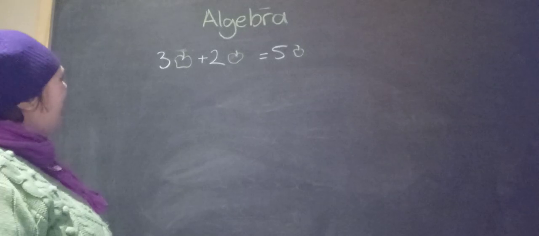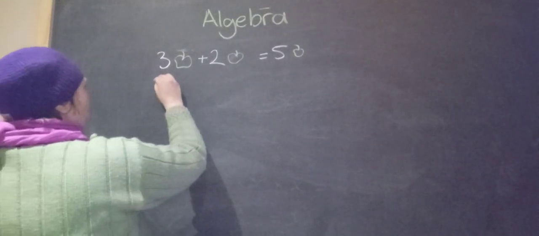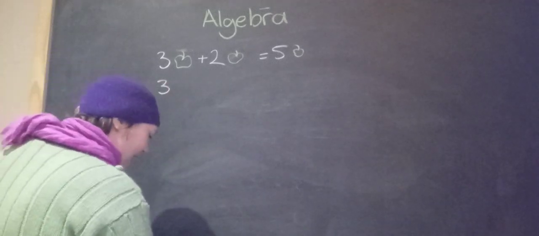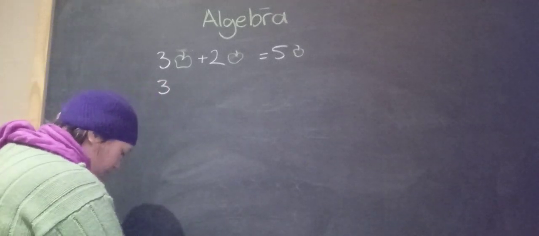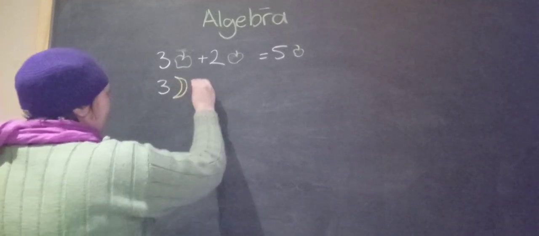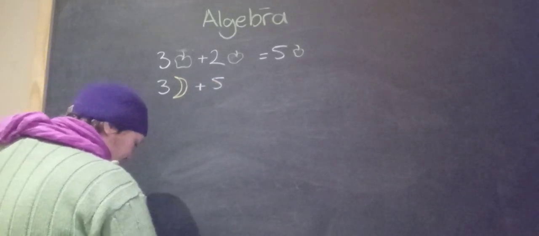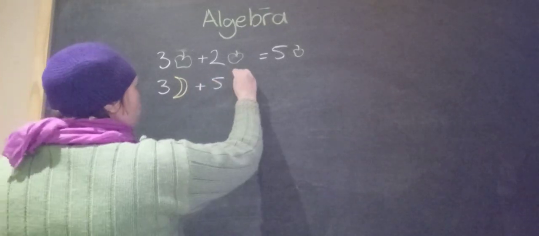Okay? And then your teacher said, what about if we have this? So 3 bananas plus 5, let's make a pear. Let's see if I can draw a pear.